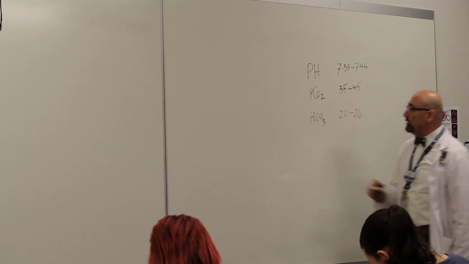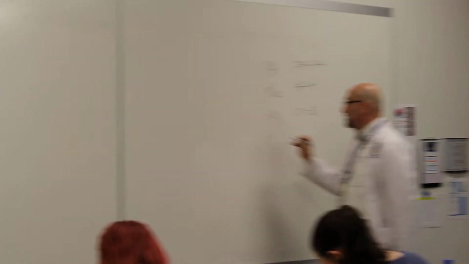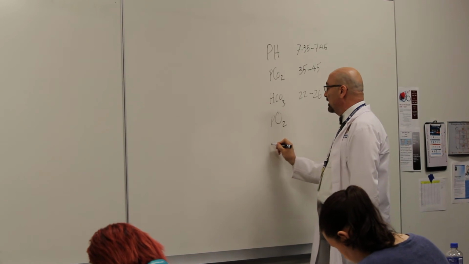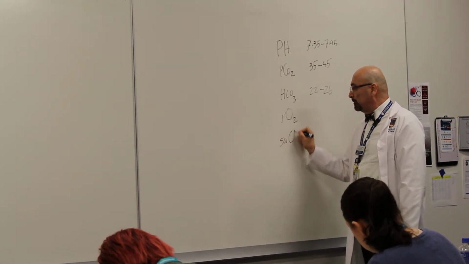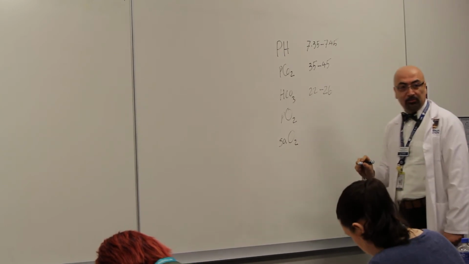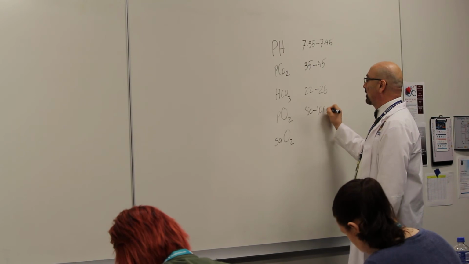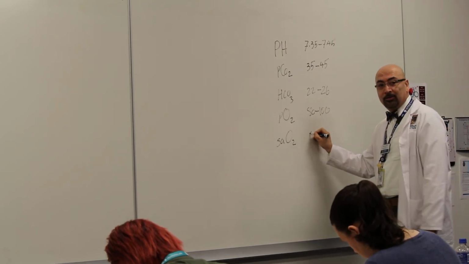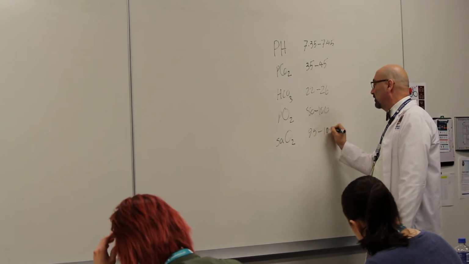Okay. And then you have your partial pressure gas for oxygen, so P of O2, and then you have saturation of oxygen. Those values are 80 to 100, and saturation is 90, 95% to 100%.